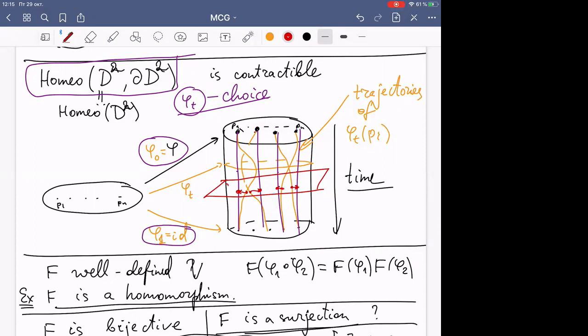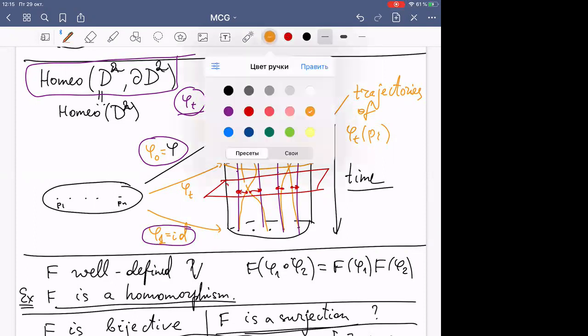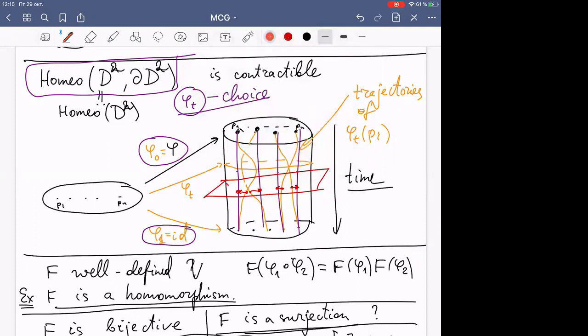What is this canonical way? We may go along these lower parts of these strands and project them onto this intermediate plane. And we get canonical ways to go to this P1, Pn.